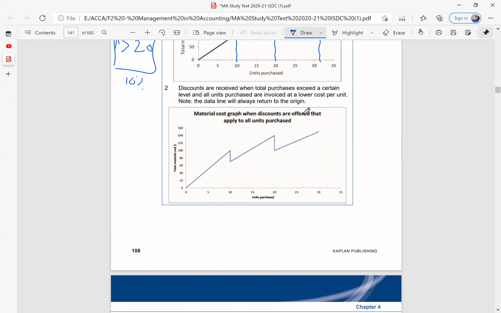If you're buying 20 units in total, for the first 10 units I'm going to charge you this much, and then for the next 10 units I'm going to charge you less. But the condition is that you buy 20 units in total.